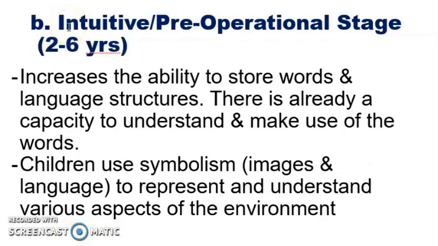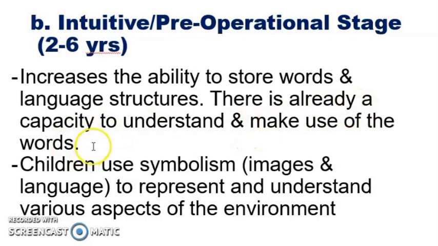After the sensory motor stage, we have the intuitive or the pre-operational stage. It covers 2 to 6 years of age. So as the child ages, they increase the ability to store words and language structures. So there is already a capacity to understand and make use of the words.